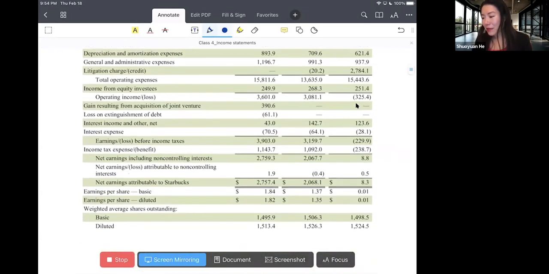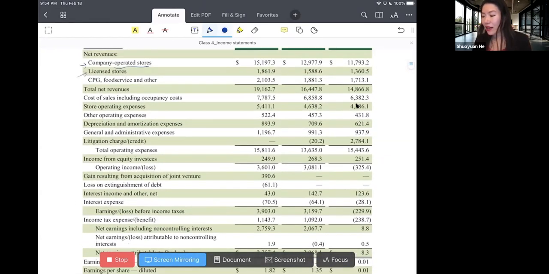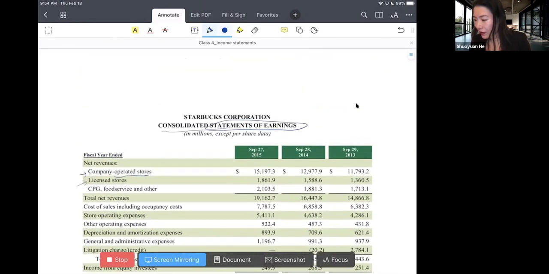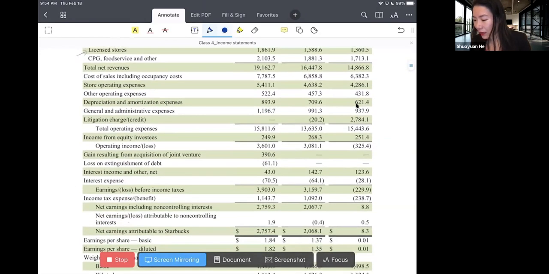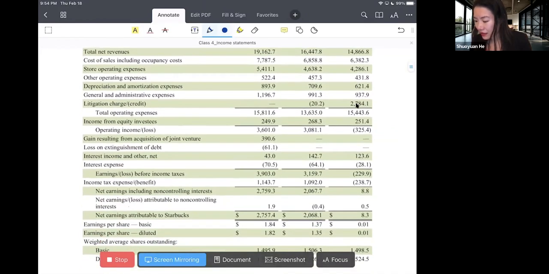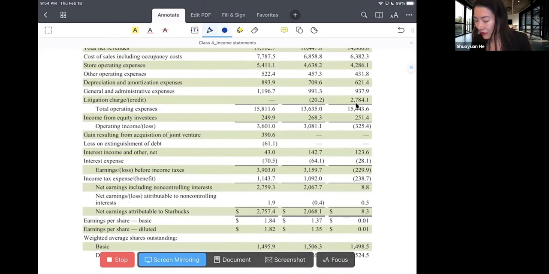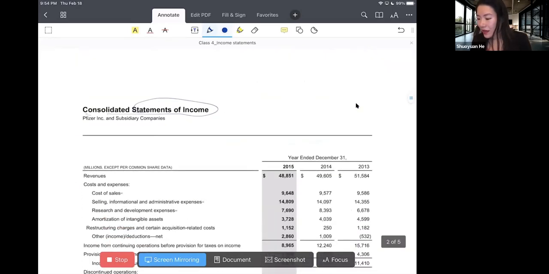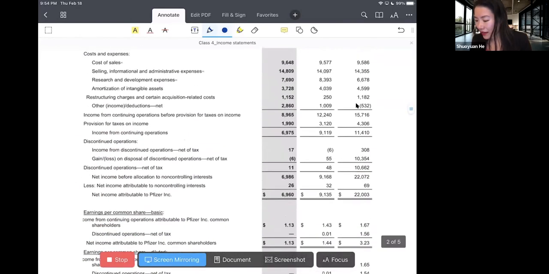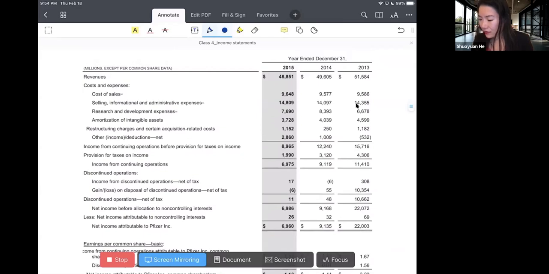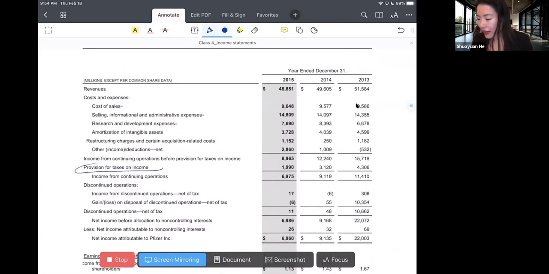And also let me give you another example here. For example, for income tax, Starbucks is calling it income tax expense or benefit. Pfizer is calling it provision for tax on income.